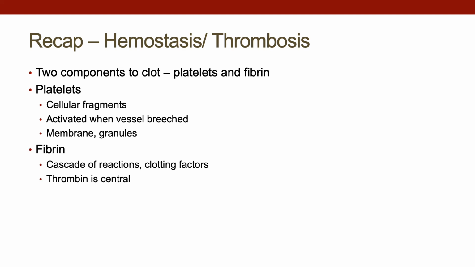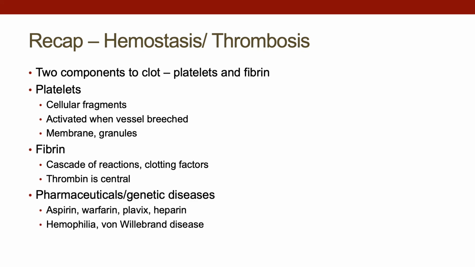Fibrin is produced by a cascade of reactions involving these clotting factors, and thrombin is a central factor in that. And fibrinogen changing to fibrin actually makes the clot form. And then there are various pharmaceuticals or genetic diseases that affect blood clotting.